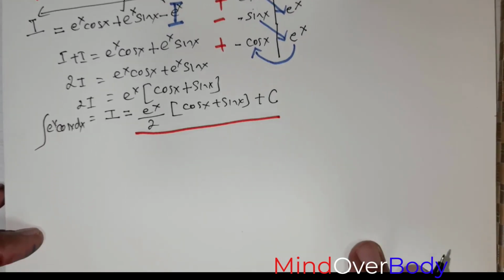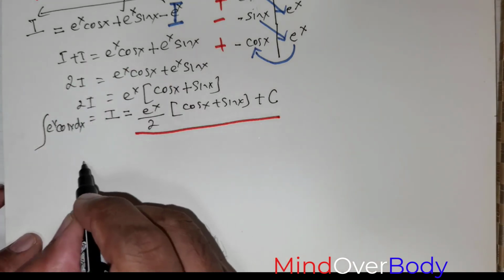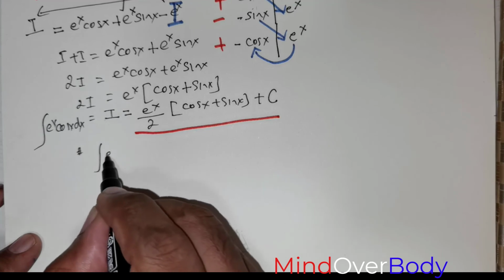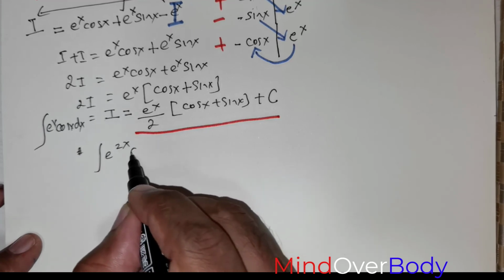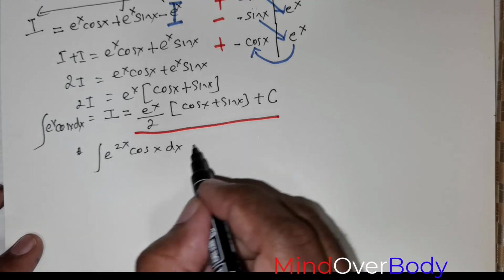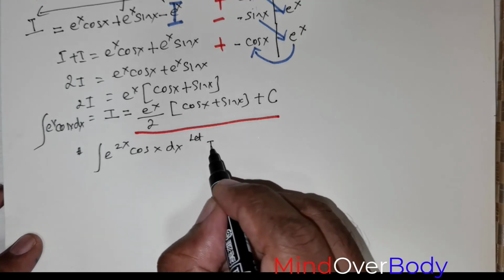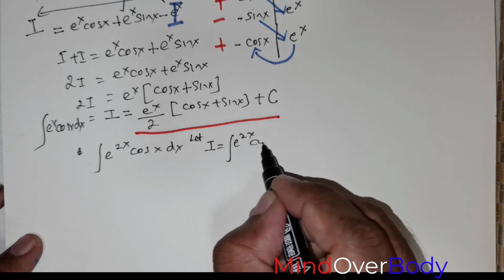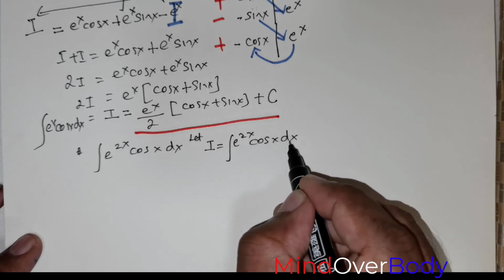Students, let us do one more question to reinforce this concept. We are asked to integrate e raised to the power of 2x times cos x dx. So I will start off by taking let I be equal to integral e raised to the power of 2x times cos x times dx.